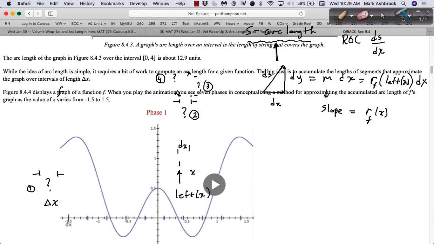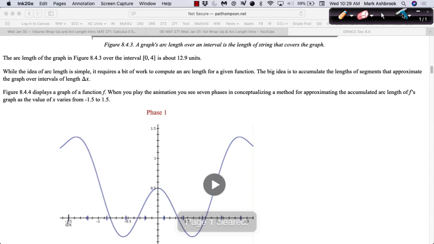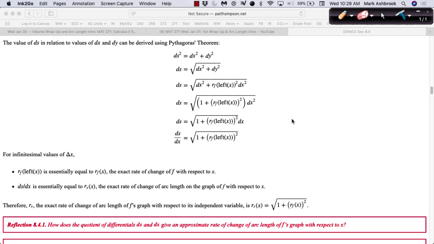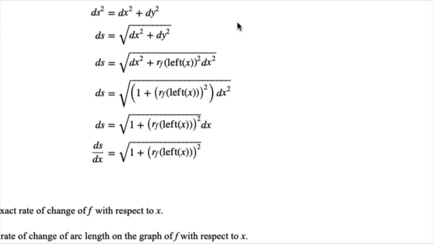This will all be saved on the video. It's not hard at all. Pythagorean theorem says ds squared equals dx squared plus dy squared. Take the square root of both sides. Just watch and take the notes later.